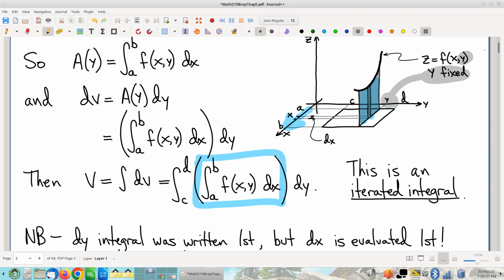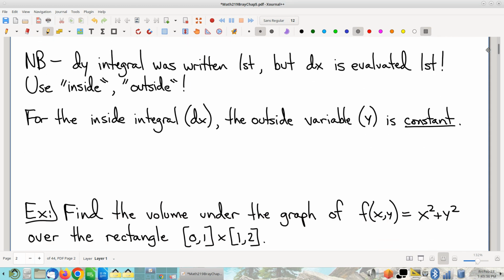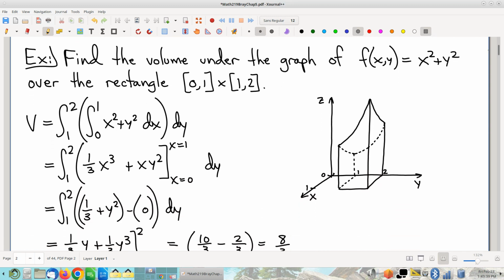So very importantly, while you're talking about this inside integral, the outside variable is to be treated as a constant because it is a constant. Really important little detail to keep in mind. And with that in mind, we move along to this example.